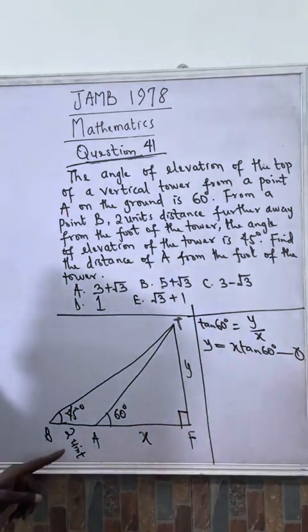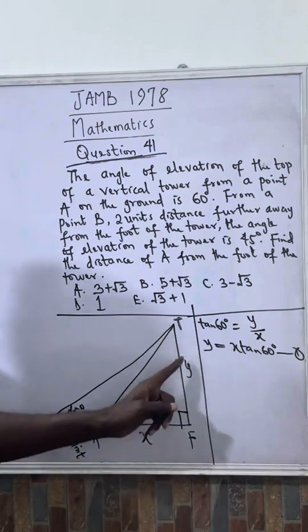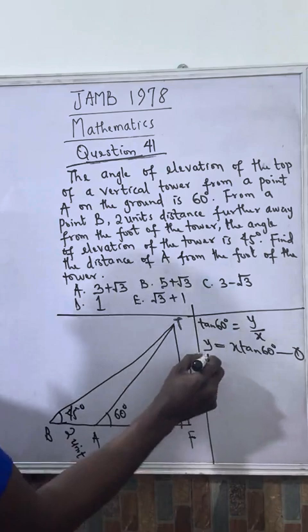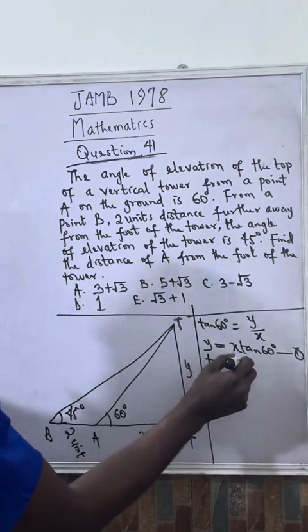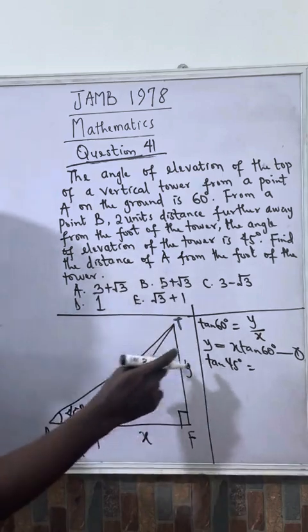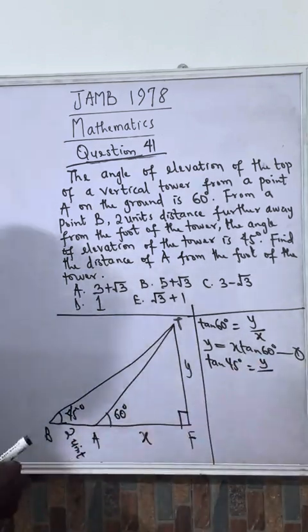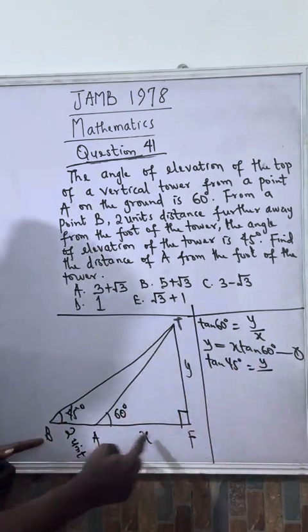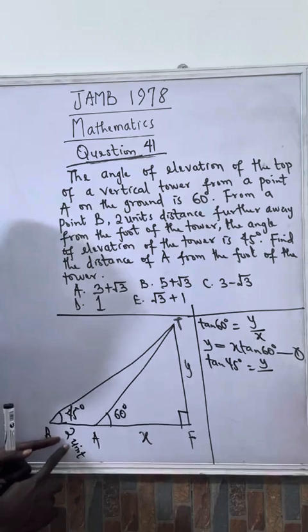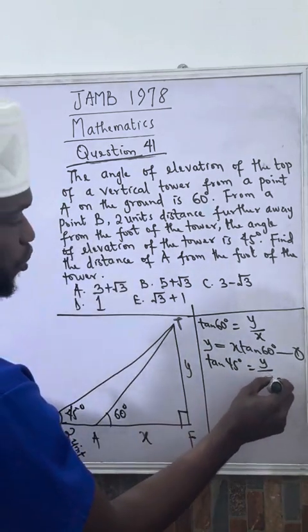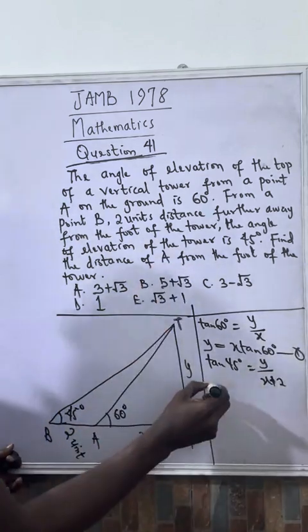Secondly, I will go for tan again. So tan 45 degrees will be opposite over adjacent. What's the opposite? Y, all over the adjacent, which is BF. And what is BF? That's 2 units plus X units, which is X plus 2. So now I can cross multiply.